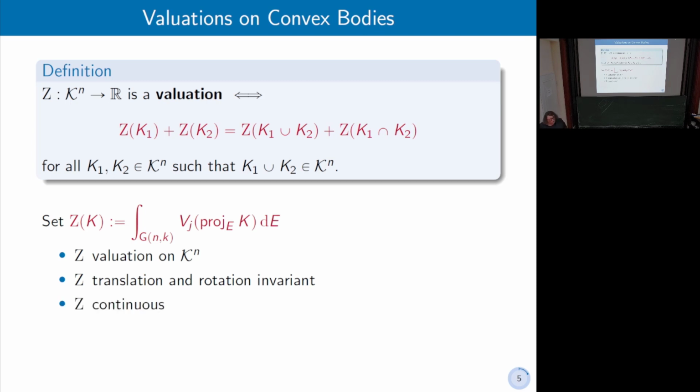And you can also get that the function is continuous. This is maybe a little bit more involved, but not difficult to see. And it's also easy to see that it's j-homogeneous. If you scale by a factor t, you get t to the j times the functional.